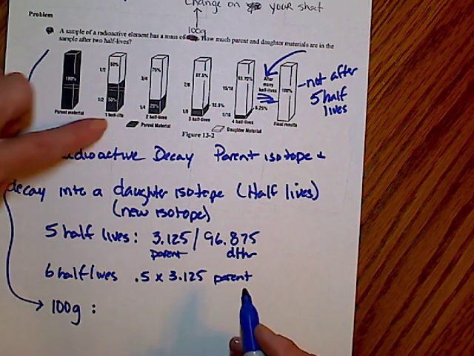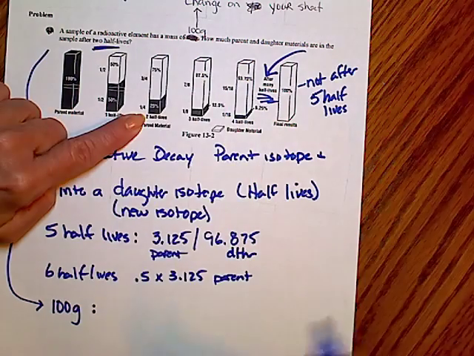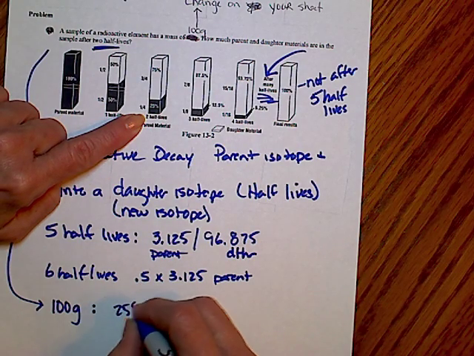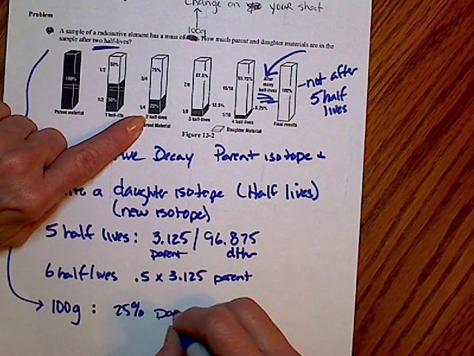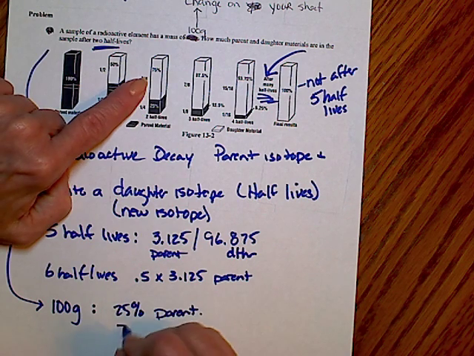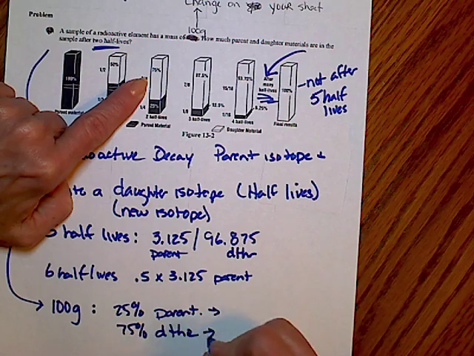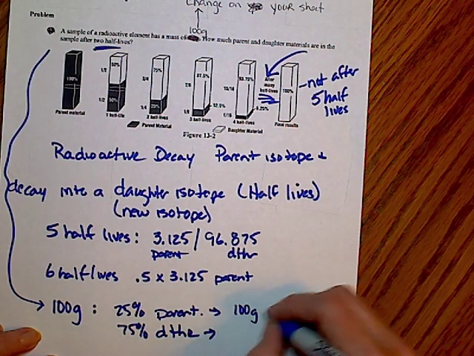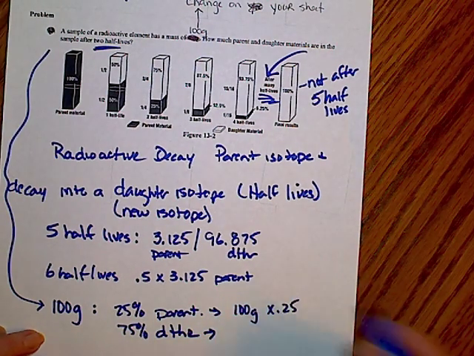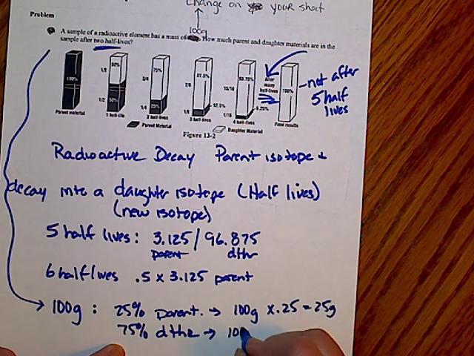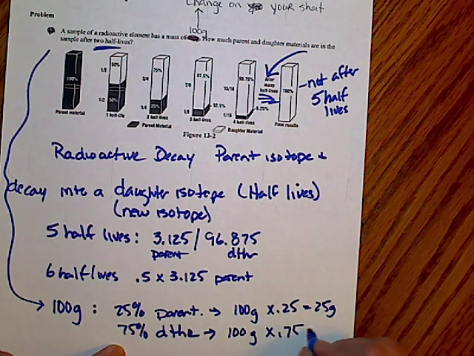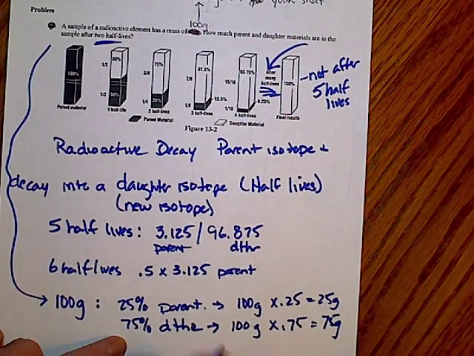And after 2 half-lives, I have 25% parent and 75% daughter. That means I'm going to have 100 grams times 0.25, and that's going to give me 25 grams. Here, I will have 100 grams times 0.75, which is 75 grams. So that's how I would figure out a problem like that.